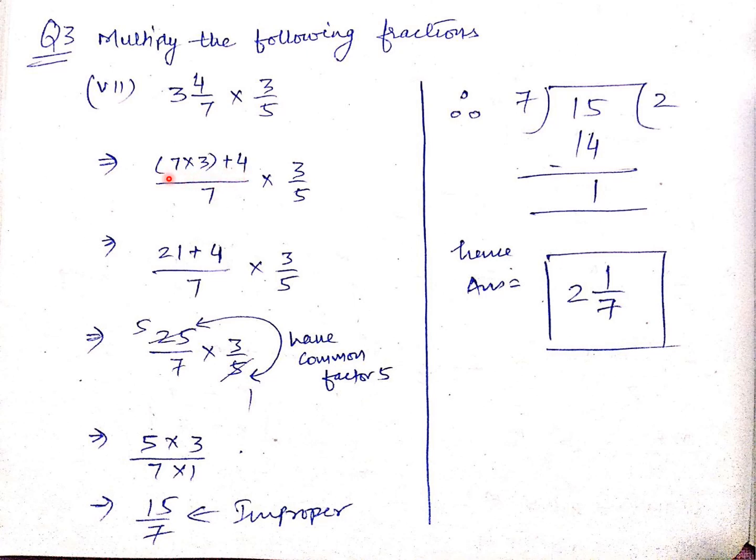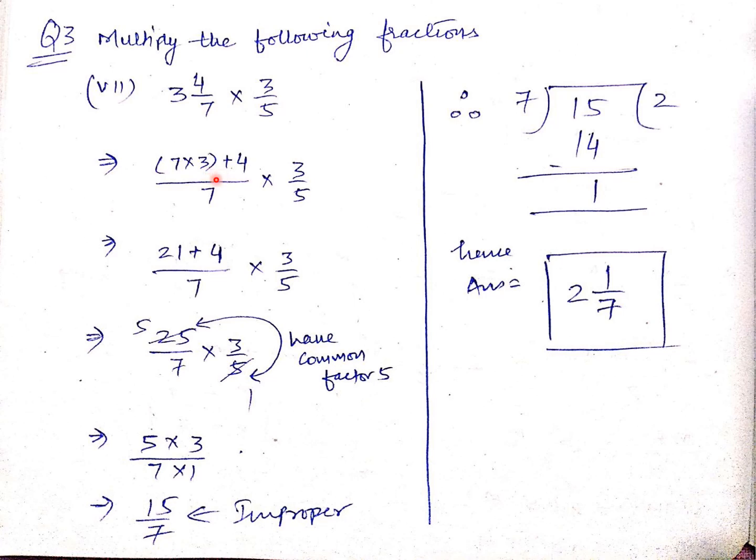We all know about BODMAS. In this step, you have to understand there are two operators, multiplication as well as addition. Apart from that, there is a bracket also. So we have the BODMAS rule, which says bracket should be solved first, then of, then division, then multiplication, then addition. So multiplication has priority over addition.